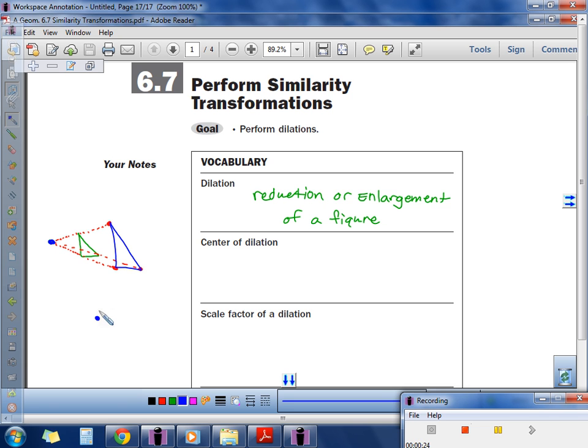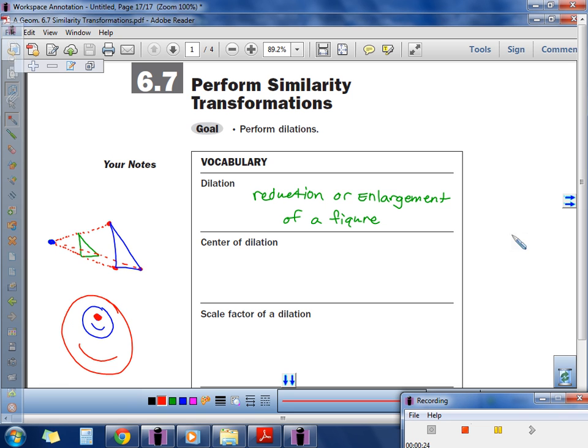So if it's inside this smiley face, we'll say he has one eye, and I want to enlarge it, so everything enlarges. So that could be the center of dilation for that smiley face with a single eye.